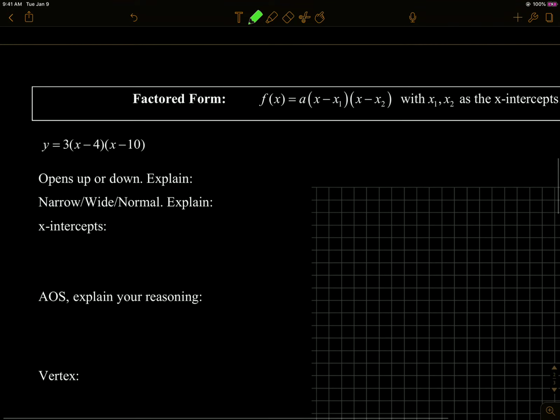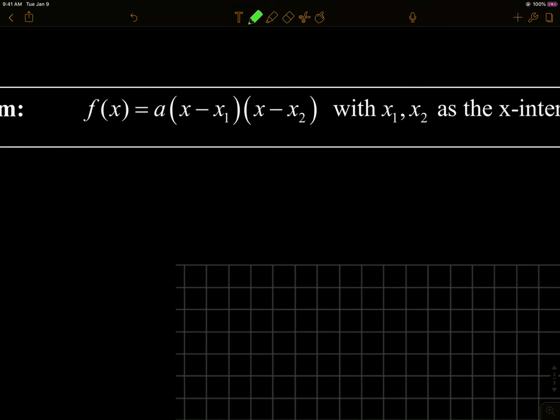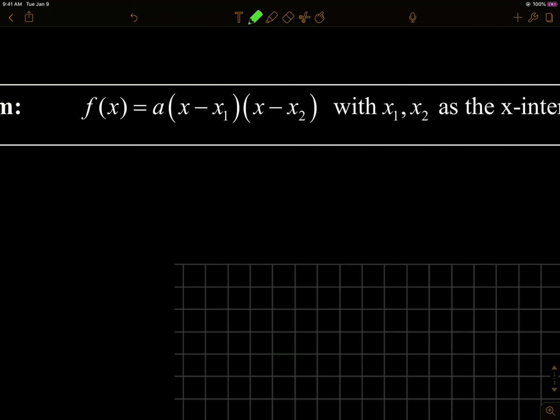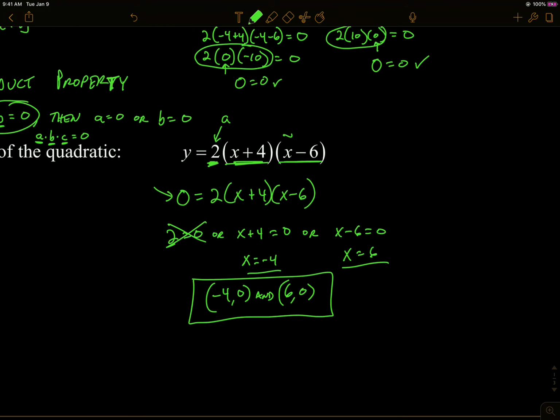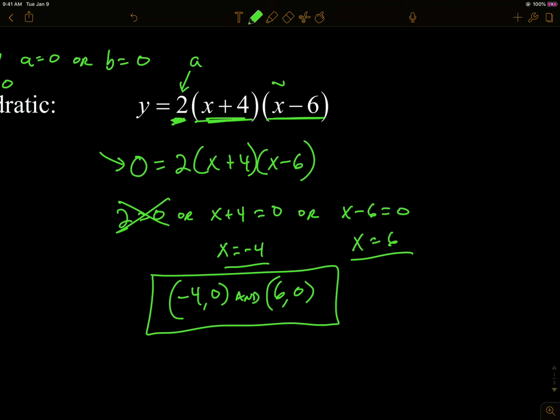Now let's look at how to graph when it's in factored form. So again, this is our basic version for factored form. And what we found out here is that whatever these constants are in the factors, if it's written in this form, then the opposite is the x-intercept. We know if it's x plus 4, then negative 4 is the x-coordinate, where y is 0. And if it's x minus 6, then it's 6.